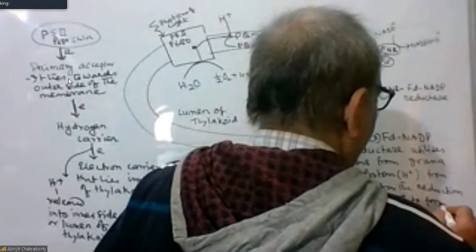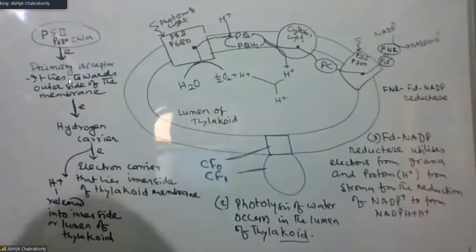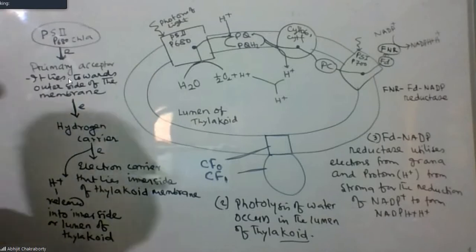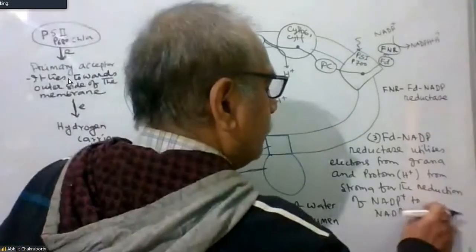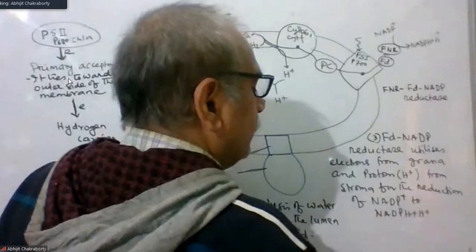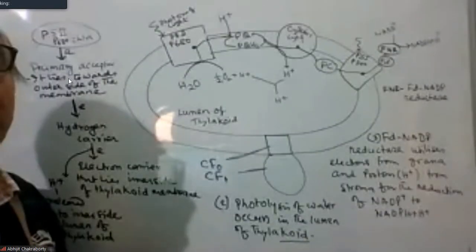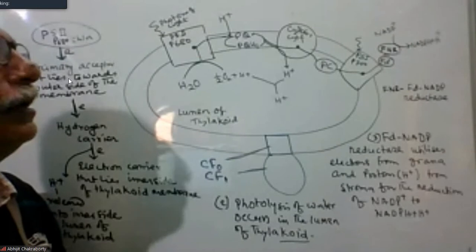For the reduction of NADP plus to form NADPH plus H plus. Because you know Fd NADP reductase is responsible for the reduction of NADP, and these electrons and protons are required.